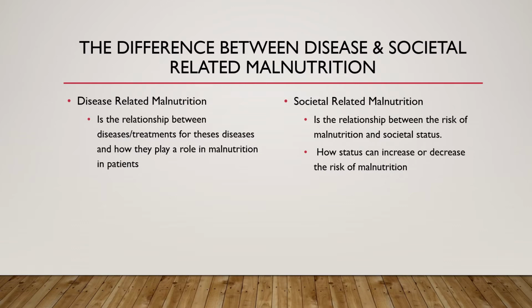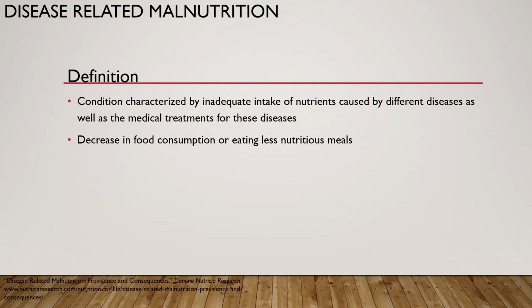The individual's status within the community, within their society, influences whether they have an increased or decreased risk of suffering from malnutrition.